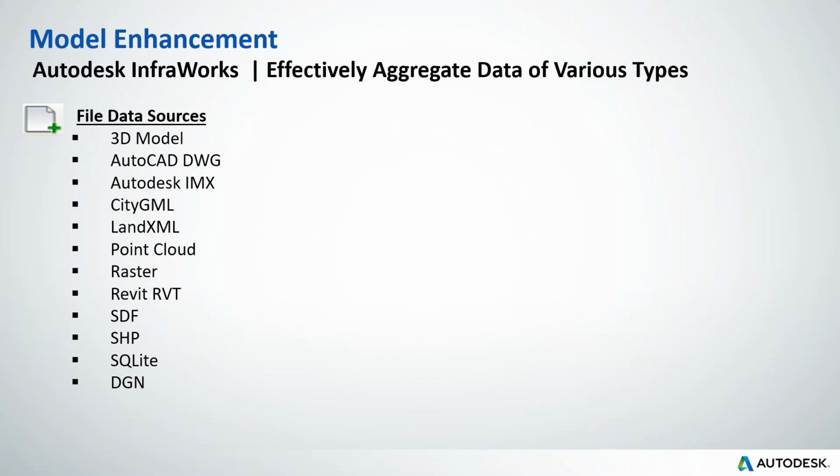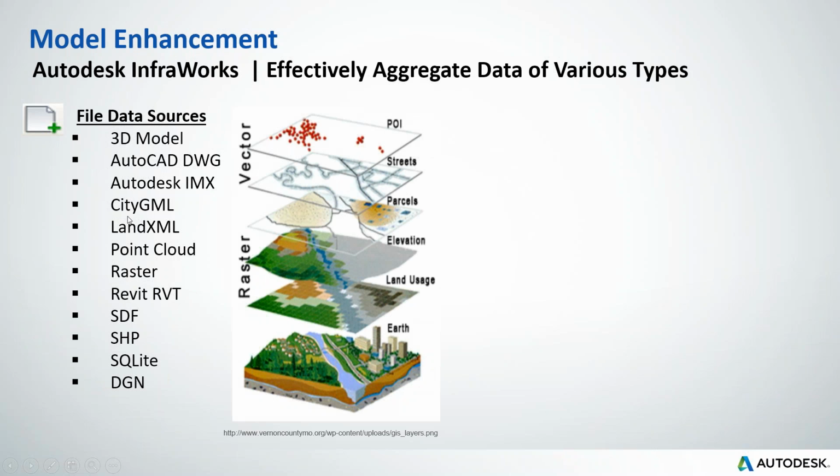But we already know as designers that we need to have the latest update in terms of terrain, existing utilities, and so on and so forth. So how do we do that? Well, it's recommended that we start with Model Builder, and then we augment our model by importing whatever accurate data sources we have in many different file formats.